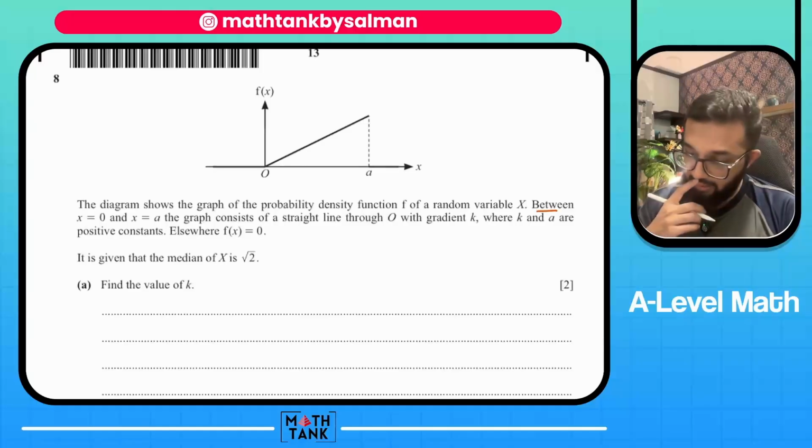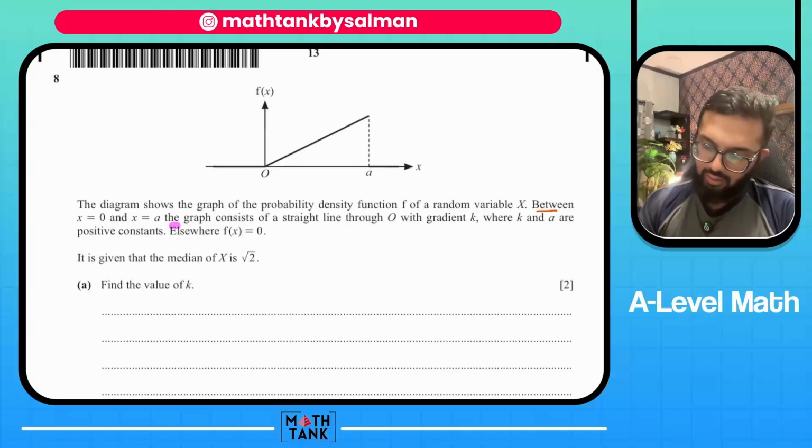Question number 8 says the diagram shows the graph of the probability density function between x equals 0 and x equals a, the graph of the straight line through O with gradient k. So the equation of this line should be y equals kx plus 0, where k and a are positive constants; elsewhere f of x is 0. It's given that the median is root 2. So what I can conclude is that this area should be 0.5.